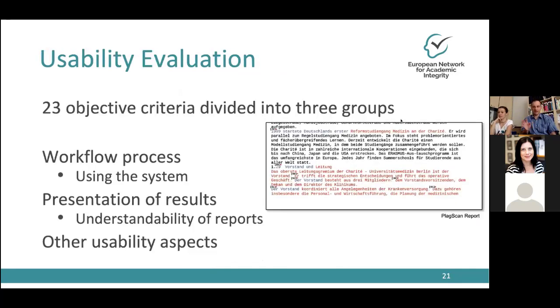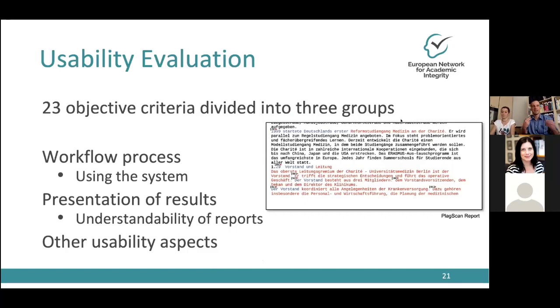So there was coverage evaluation. The second set of criteria was usability. We had 23 criteria divided into 3 groups. First was workflow process, how comfortable it was using the system, if the system did not require some bothersome activities.